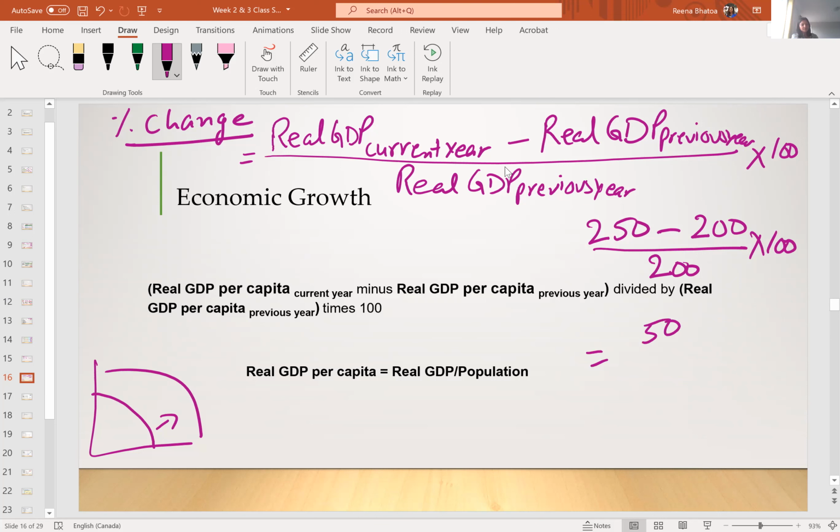So it will be 50 divided by 200 times 100, which is 25%. So the growth rate in here is 25%, and that was right. Okay, this is how you're going to calculate economic growth.